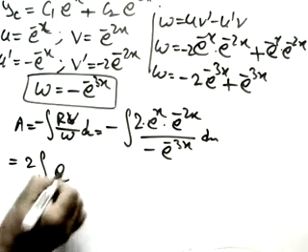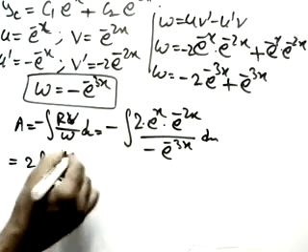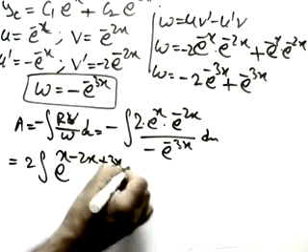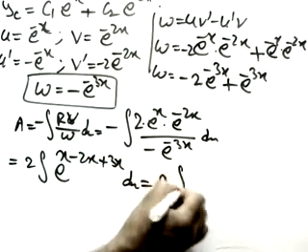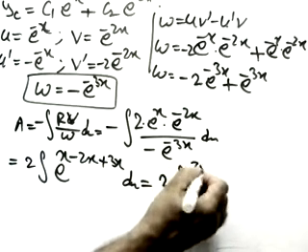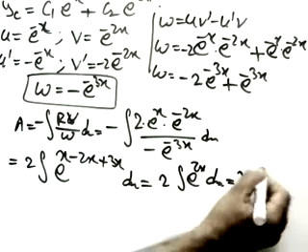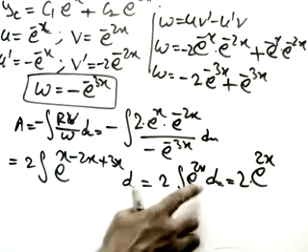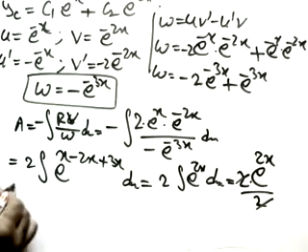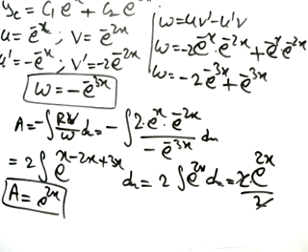So take 2 outside: 2 into integration of e power, watch carefully, minus 1 is plus x minus 2x. If you bring minus 3x from the denominator to the numerator, it will be plus 3x. So 2 into integration e power 3 plus 1 is 4, 4 minus 2 is 2x. Now let me integrate: integration of e power x is e power x, but with x we are having 2, so divide by 2, 2 will get cancelled. So we get the value of A as e power 2x.